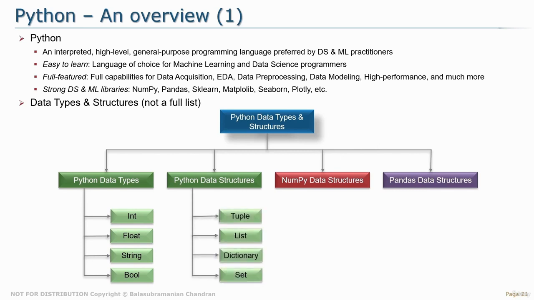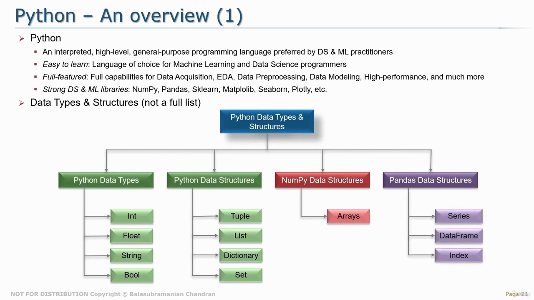Tuple, list, dictionary, and set are the data structures available in Python. The array is the primary data structure available in NumPy, and series, data frame, and index are the data structures available in Pandas. Apart from these, there could be other data types and data structures as well, but they are outside the scope of this course and we will not be discussing them.